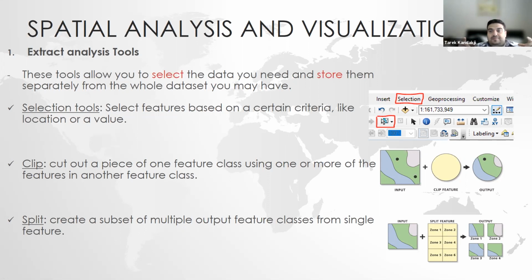It's like you have a cake, or you have a dough, and then you have a mold, like a model for making shapes in that dough, and you put it in there, and you will have the dough split into different shapes. It's the same as clip as well, but it creates multiple shapes. Like in the clip, you create only one feature, but when you use the split, you split that shape file, or feature class, into multiple feature classes, not only a single one.